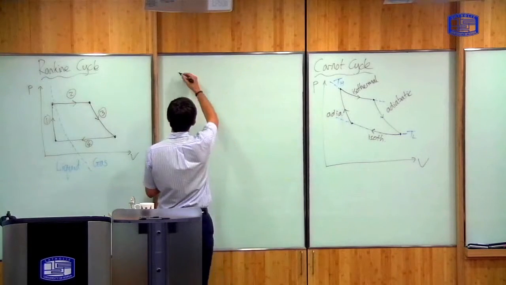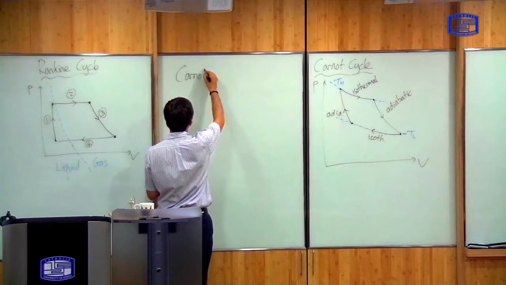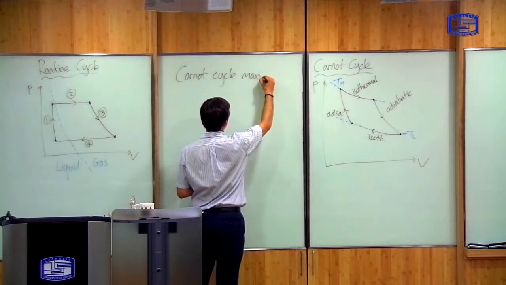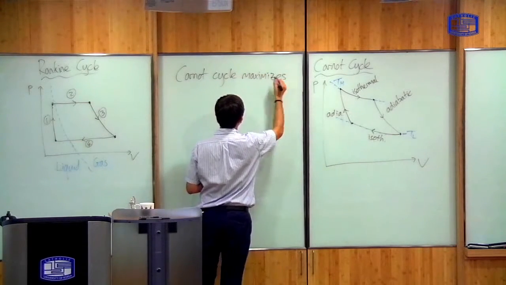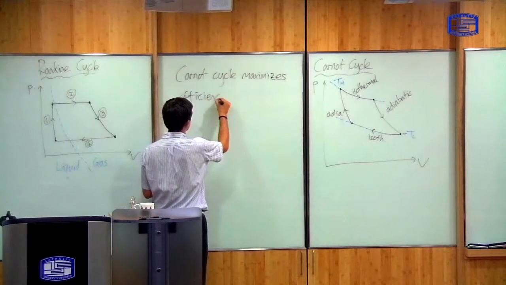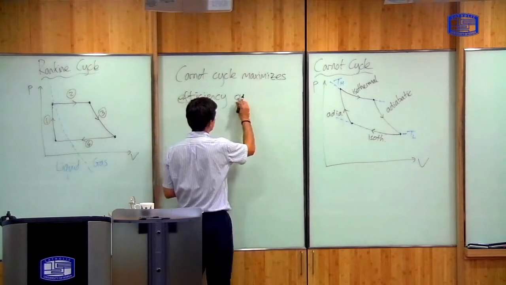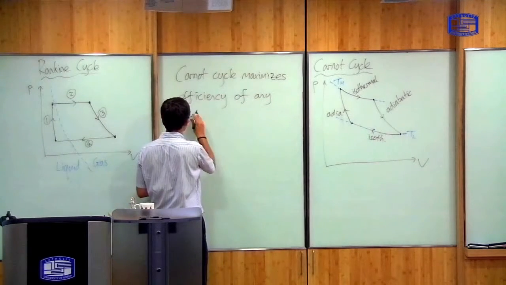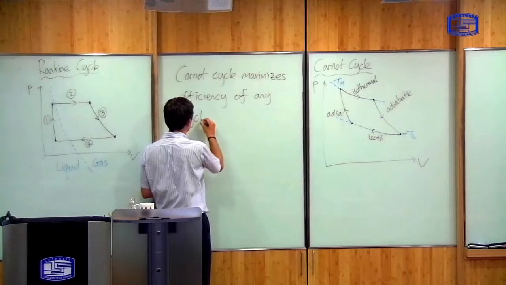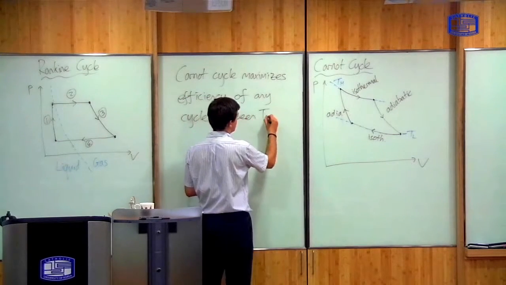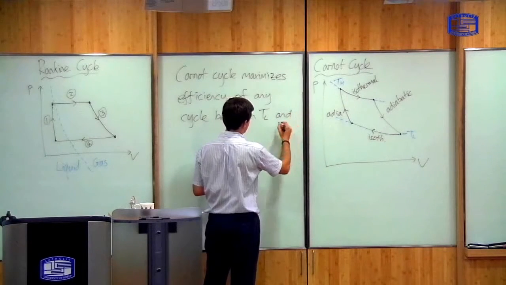So the Carnot cycle maximizes the efficiency of any cycle between the two temperatures, so between TL and TH.